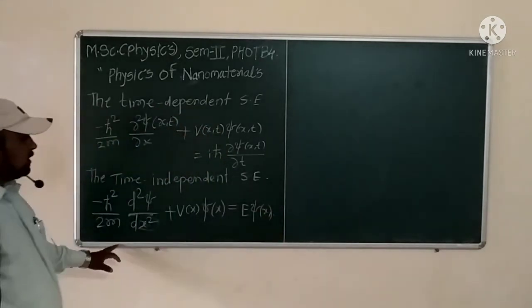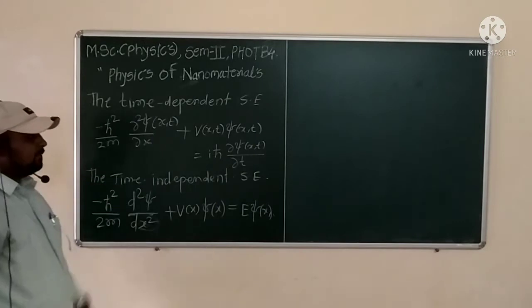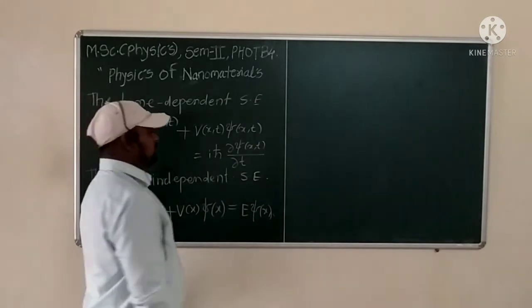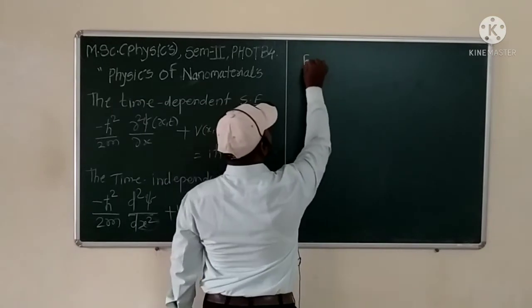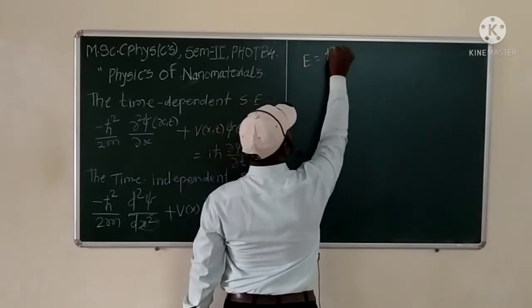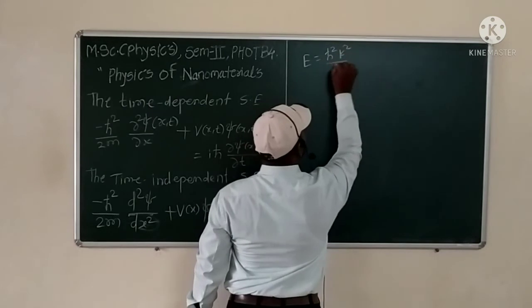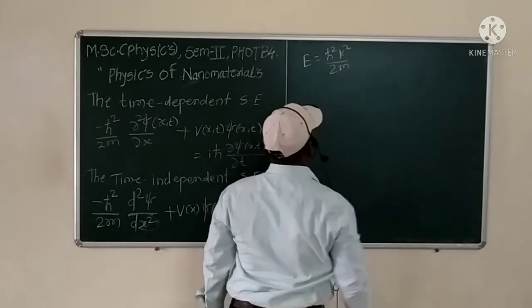This is the time independent Schrödinger equation and this is the time dependent Schrödinger equation. But here the energy is equal to ħ²k² by 2m.